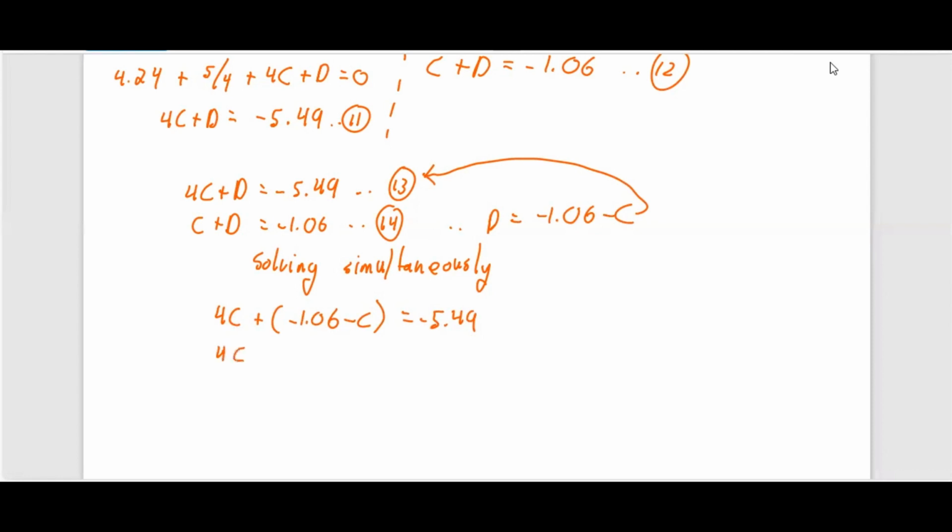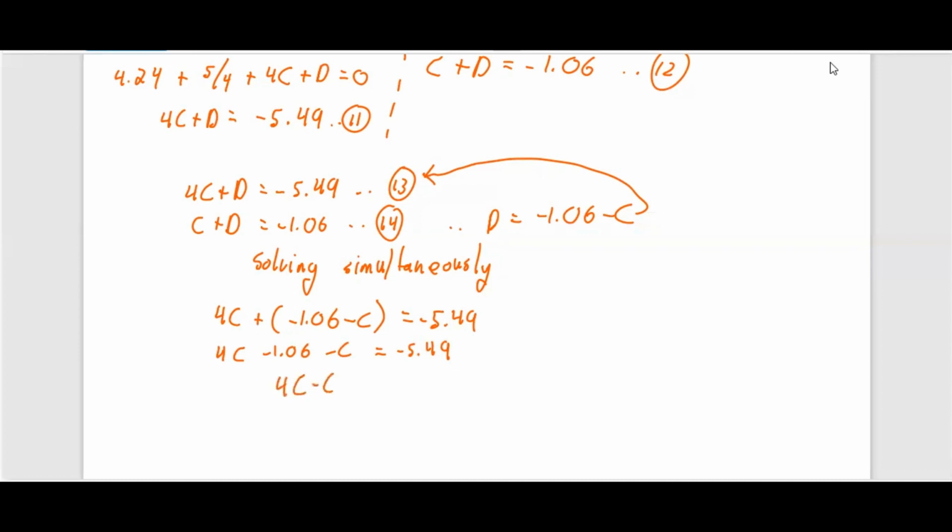So expanding, 4C minus 1.06 minus C is equal to minus 5.49. And when I calculate this, it'll be plus 1.06.